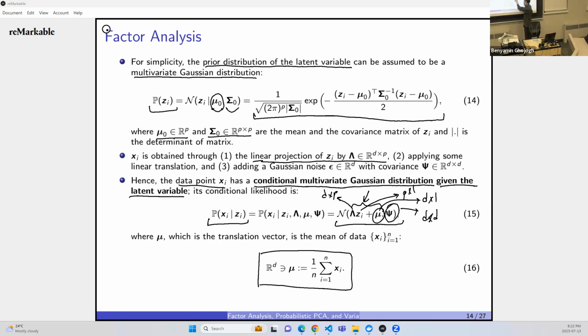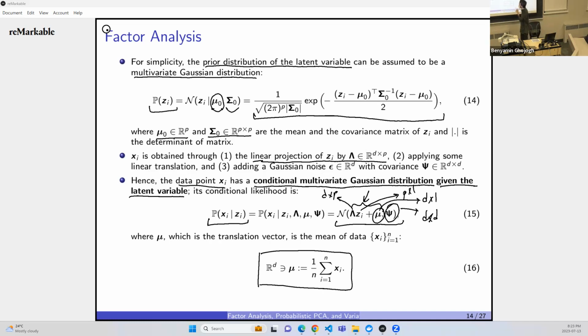So lambda Zi, Zi is some latent factor. With some linear projection, it gives me data. However, I need to add the mean. Its mean is 0, so I need to add the mean mu to reconstruct the mean of the data. And I know that the mean of the noise is also 0.